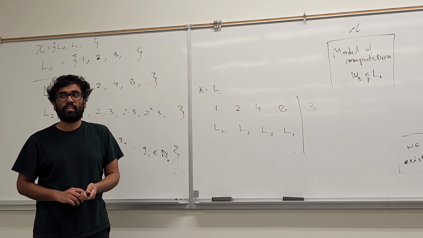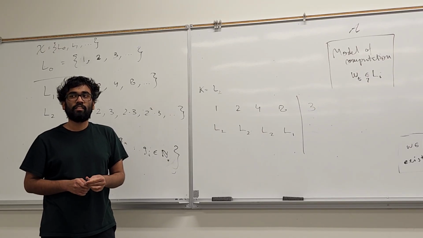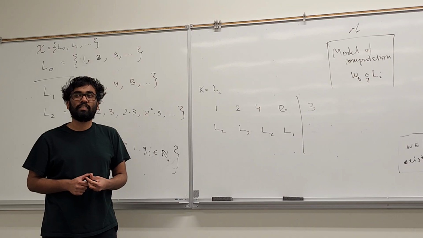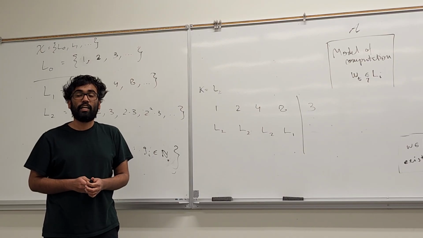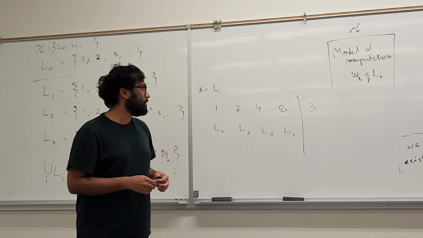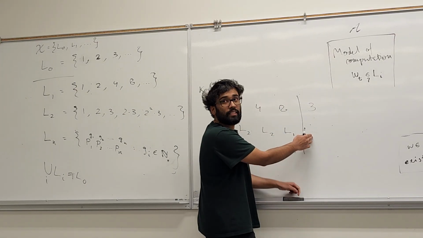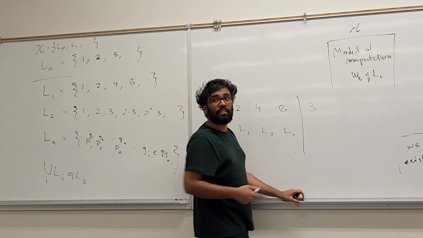Go ahead, Brad. Can't you just start with the lowest L that's not L0, and then every time you see something from another one, you just add the next one up? Yeah, and you'll be fine. No, you'll never be able to identify the true language. Why? Say you guess L1, imagine you guessed L1 from the beginning.